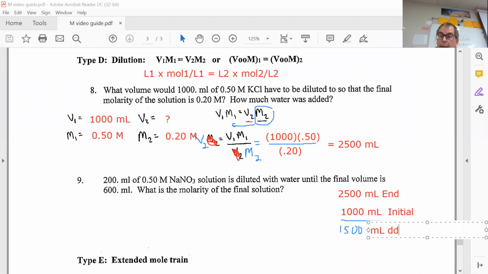So I ended up with 2,500 milliliters. Initially, I had 1,000 milliliters. So I must have added 1,500 milliliters of water.